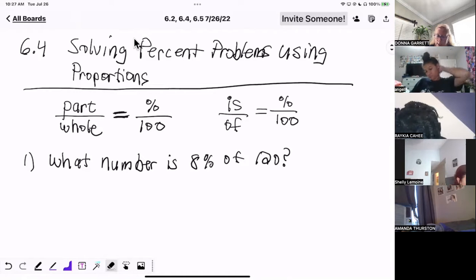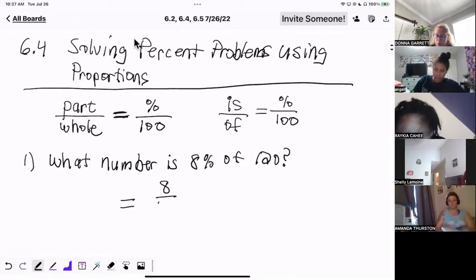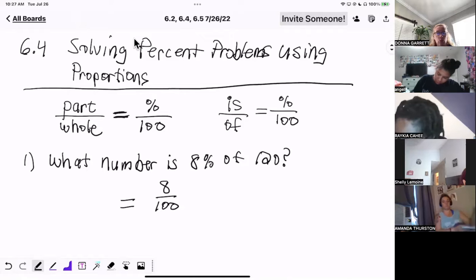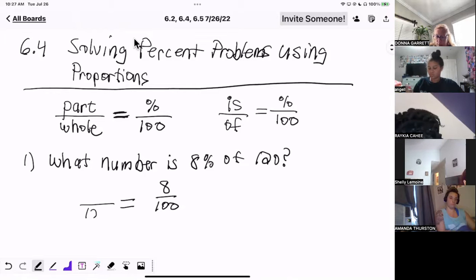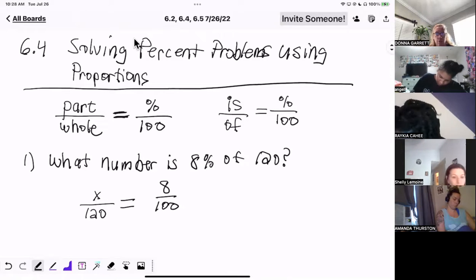So if I set up my proportion, I'm going to set up what I know first. I know it's 8%, so it has to be 8 over 100. 100 is always going to be there. That's my percent. That's also a part over whole. It's equal to, if one knows what number is 8% of 120. So 120 is my whole, and they want to know what number is 8% of it. So is is my x, of is my 120.